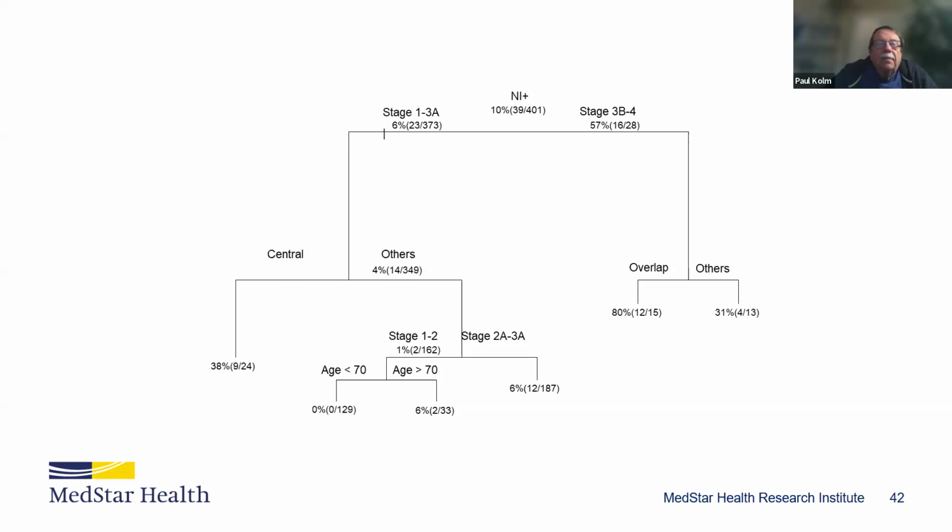But then others has another stage partition, this time stage 1 and 2, and then stage 2A to 3A. And again, we have another partition with the lower stage, stages 1 and 2, at age 70. And so we can then reduce this down to where at least our misclassification error rate doesn't change.